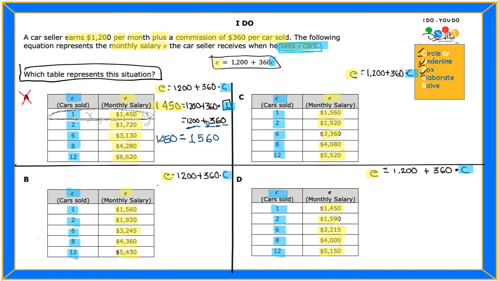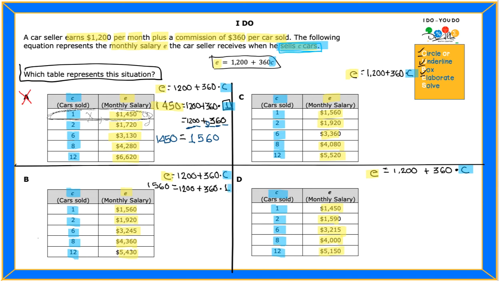For the value of E, now we're going to have 1,560. Bring down the equal. That must be equal to 1,200 plus 360 times the C, and the C is a number 1.